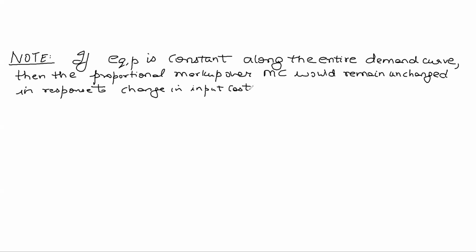What does this line mean? This line is saying that if elasticity of demand is constant along the demand curve, then the proportional markup over the marginal cost would remain unchanged in response to input costs.